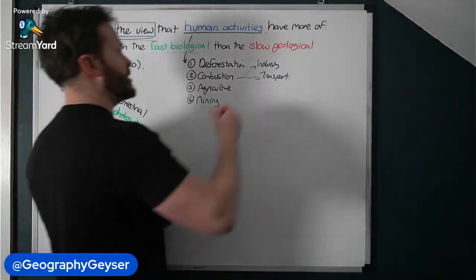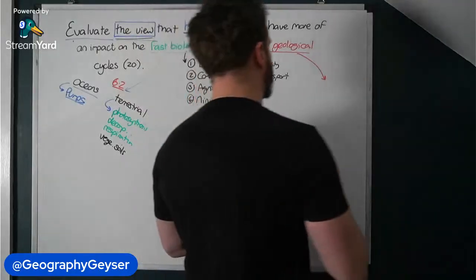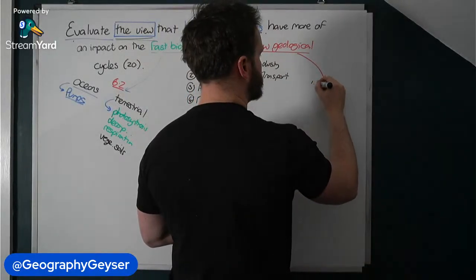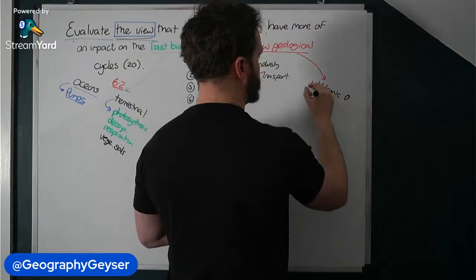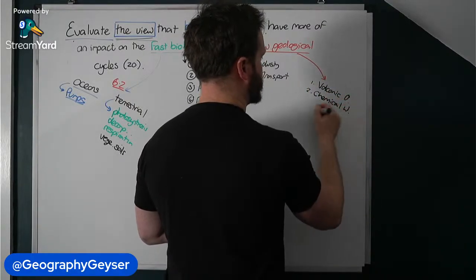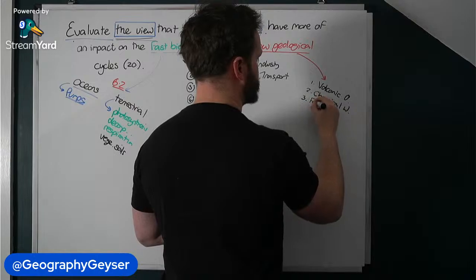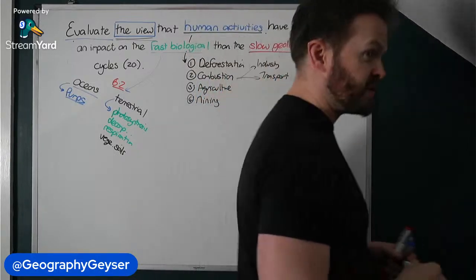And then the slow geological cycle, if we remember there, we are talking there about, well, there's only a few really, aren't there? So we know that there's volcanic outgassing. We know as well that there's chemical weathering. We know that part of the slow geological cycle is fossil fuels as well.